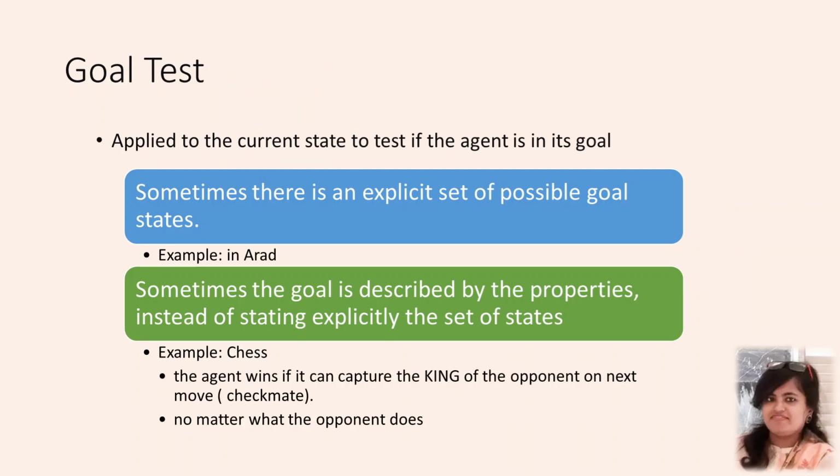Now the goal test, we need to test whether we have already reached the goal. If we have already reached the goal, our work is done over there, right? As this type of problem solving is for the goal based agent. So the goal test is basically applied to the current state to test if the agent is in its goal or not.